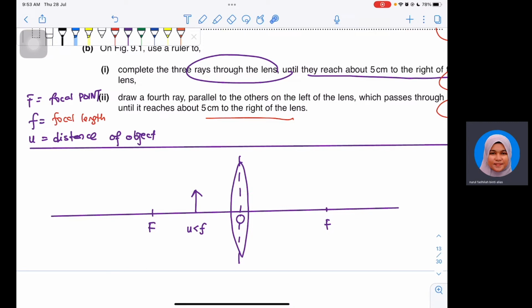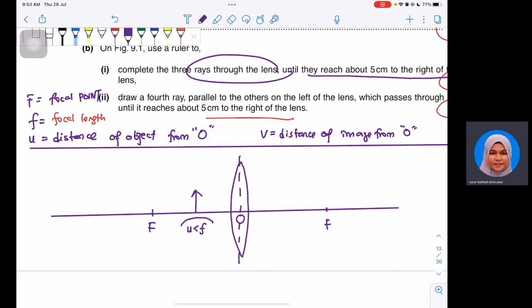So that U is actually distance of object from the O, from the optical center, ataupun from the vertical axis tu. Okay. And then there is another symbol, small letter V, which is distance of image from optical center.